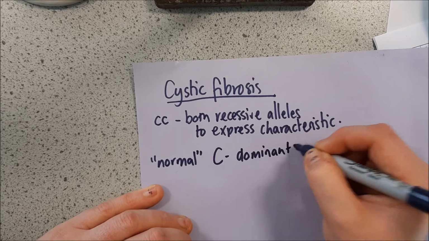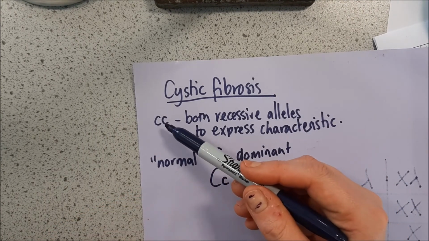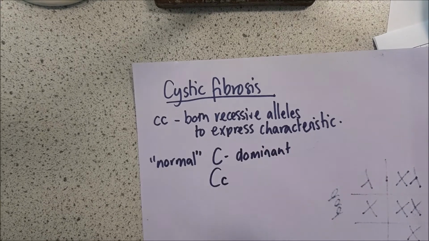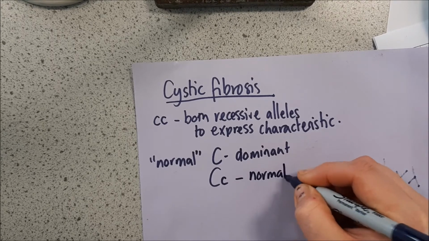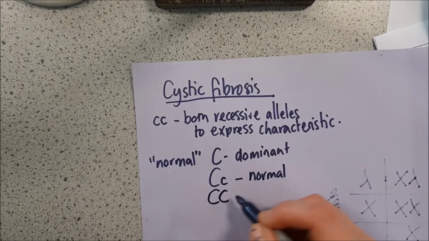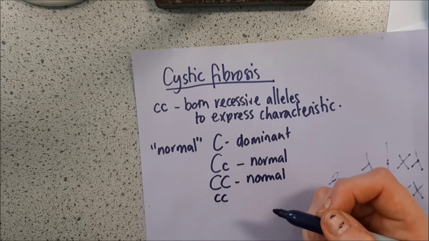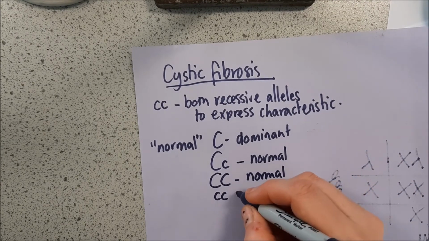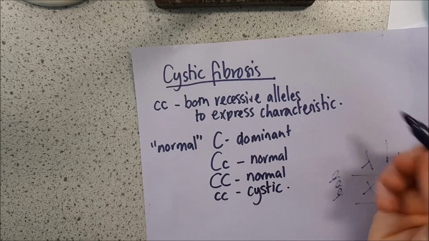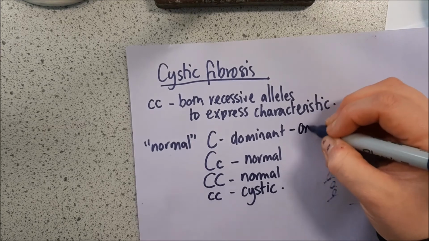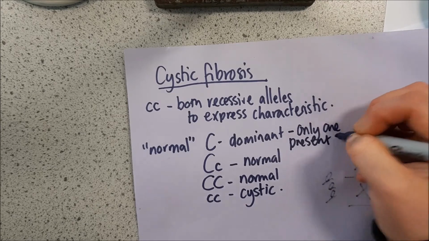So it's a dominant allele, which means that if you inherit one cystic fibrosis allele and one normal allele, then you will be normal. If you have 2 normal genes, you will be normal. So you have to have the 2 recessive genes to be CS or cystic fibrosis. Okay, so if something is dominant, only one allele has to be present to express that characteristic.